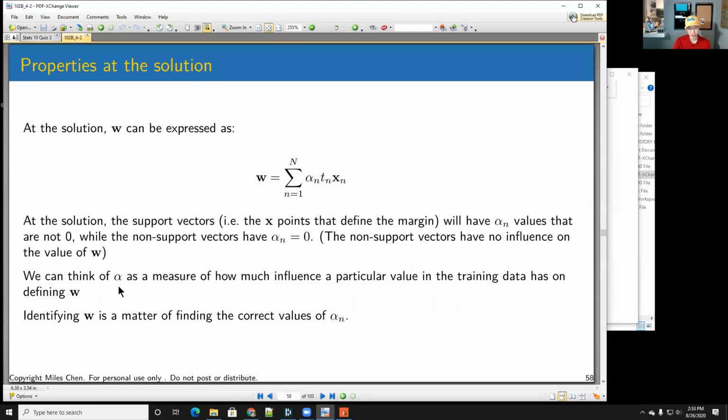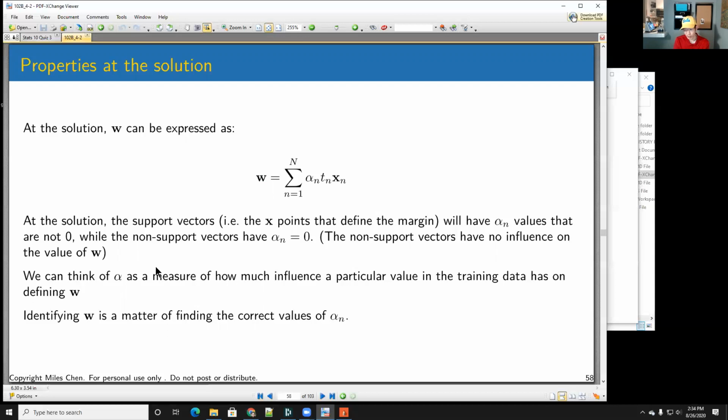You can think of alpha as a measure of how much influence a particular value in the training data will have on defining W. And so figuring out your margin is basically a matter of figuring out which values in the training data are the support vectors and matter.